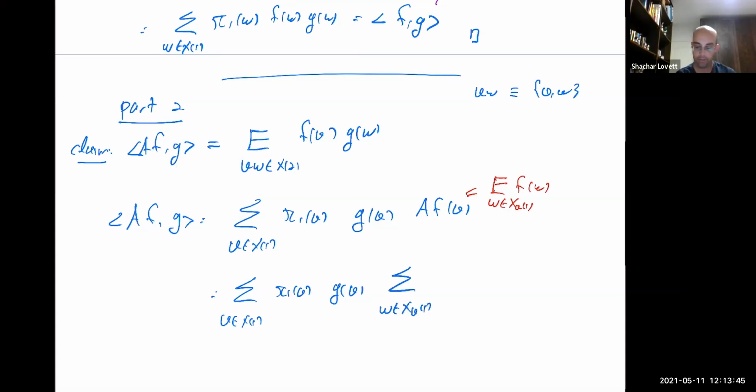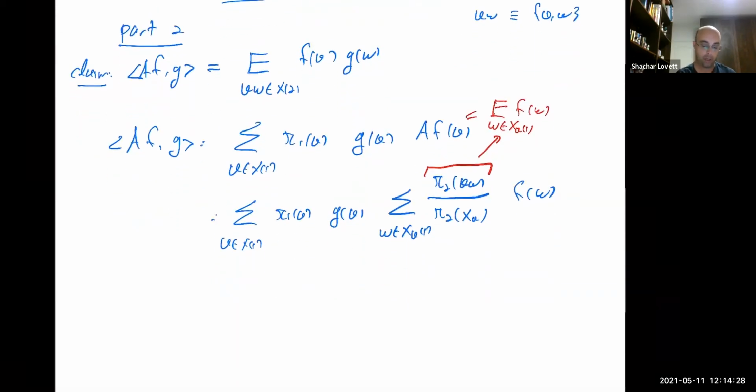The probability that we see it is going to be pi 2 of VW, and the normalizing factor here is exactly pi 2 of the link of V. And this is the sum of all the weights that contain V, times FW. So this is exactly the probability with which we choose W in the neighborhood of V. So it's the weight of the edge VW normalized by the sum of all the edges that touch V, which is just pi 2 of the link of V.